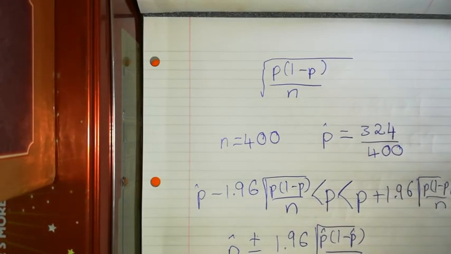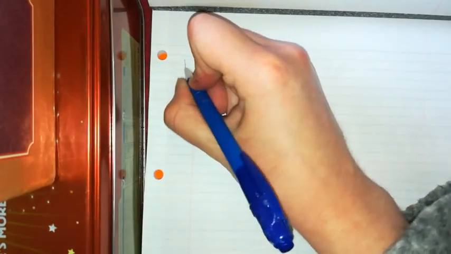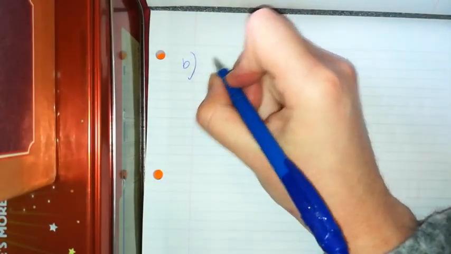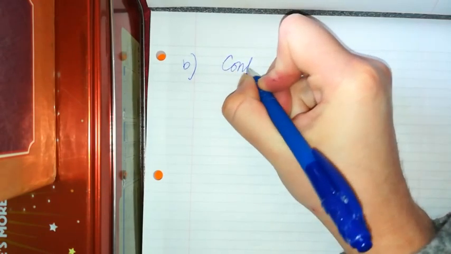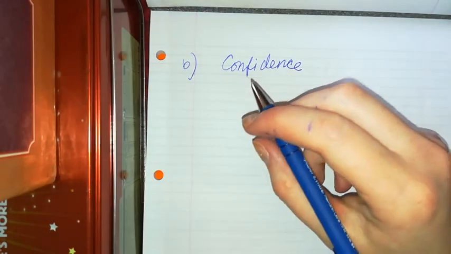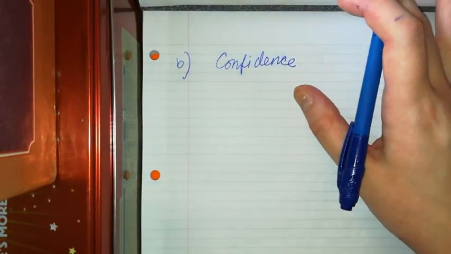So the next part of that question is to put a tick in, looking at statements. The first statement is: when forming confidence intervals for a fixed value of n, an increased confidence level implies a wider interval.